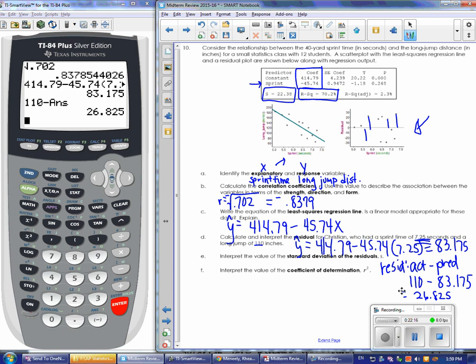And in letter F, when it talks about the coefficient of determination, that is your 70.2%.